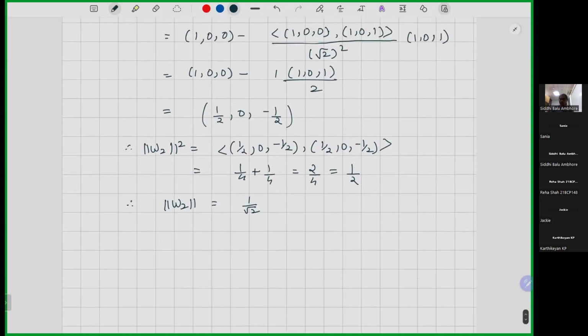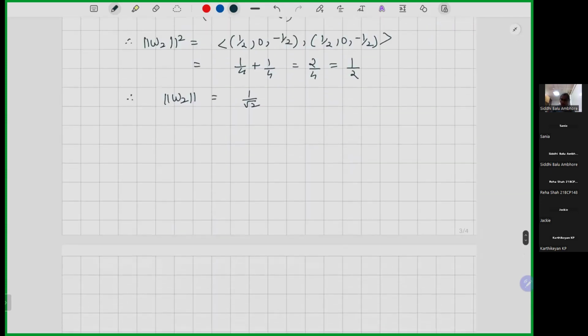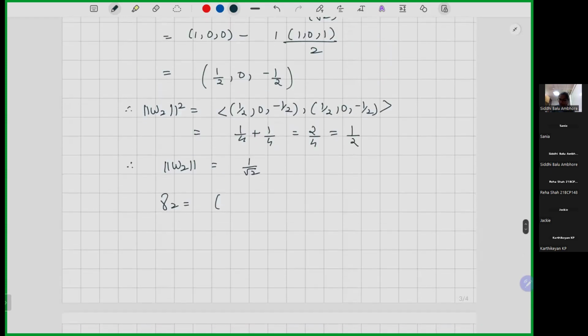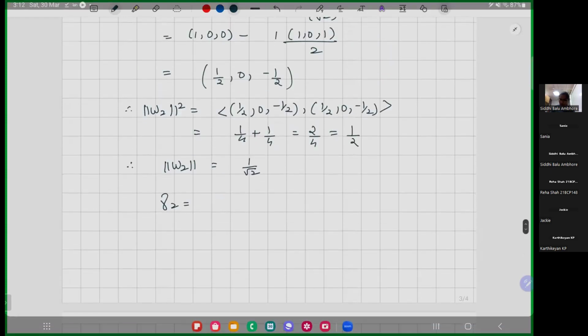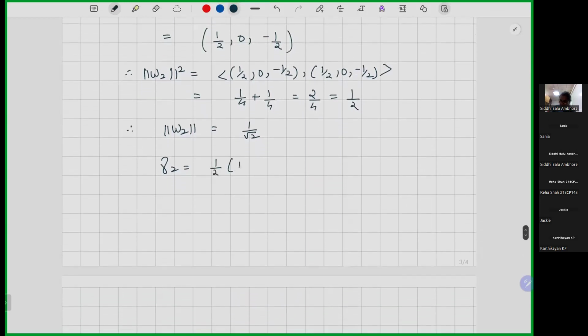Any doubts here? So element W2, or gamma 2, will be this W2, that is 1 by 2 times (1, 0, -1), whole divided by 1 by root 2. So this root 2 goes up, and it is 1 by root 2 times (1, 0, -1).